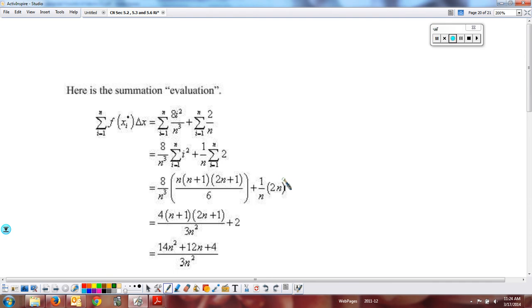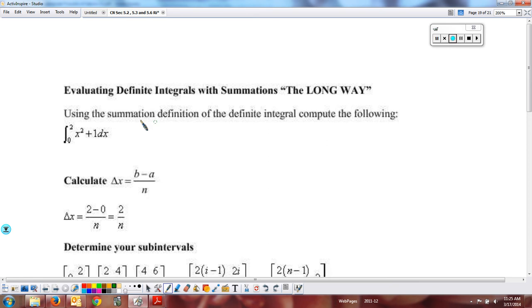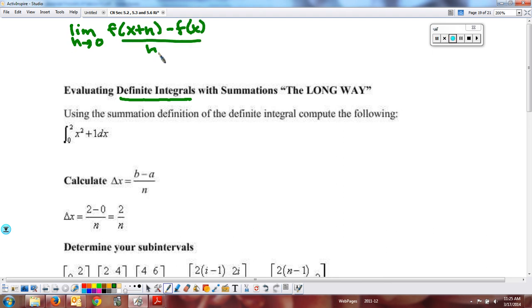Now, one last thing I want to do in this set of sections is this idea of how I would calculate the definite integral the long way. It's kind of like when we were doing the derivative the long way. Remember when we did the derivative the long way, we did the limit as h goes to 0 of f of x plus h minus f of x all over h.